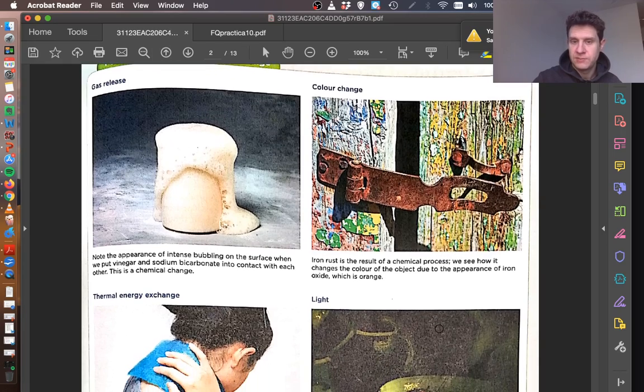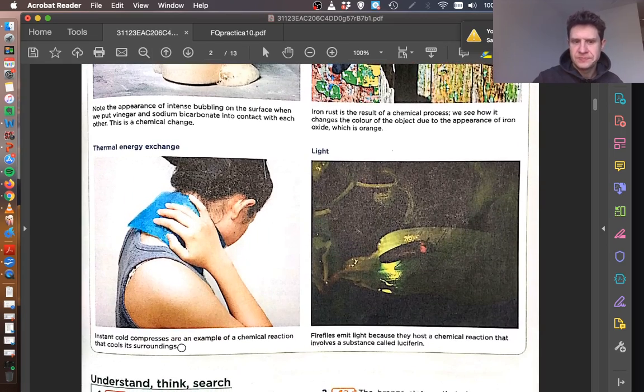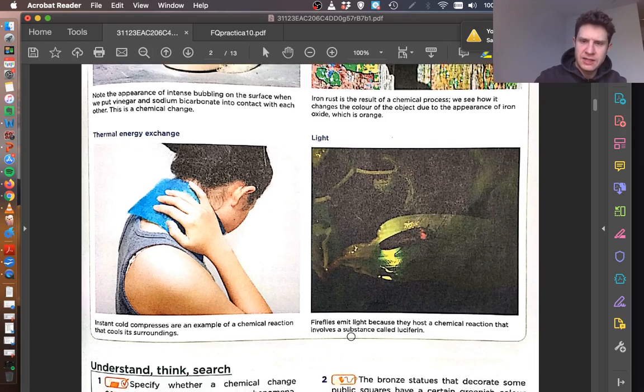Instant cold compress: I'm not sure if you have seen these bags that when you bend them, you crack a substance that generates an instant cold effect. Or fireflies.